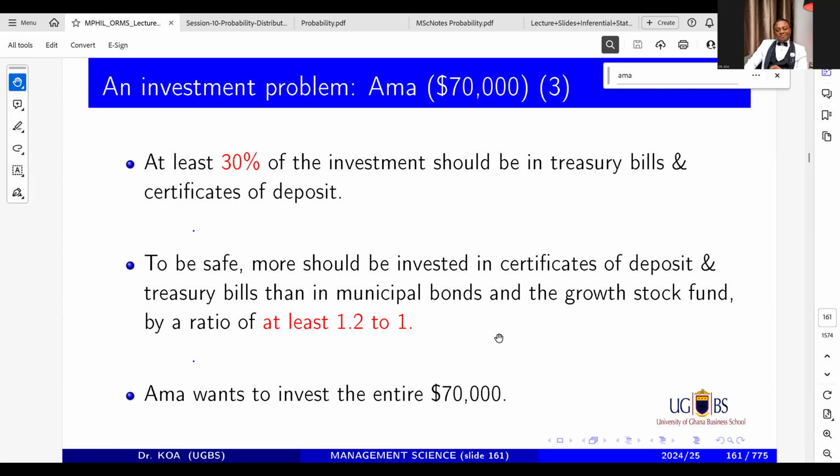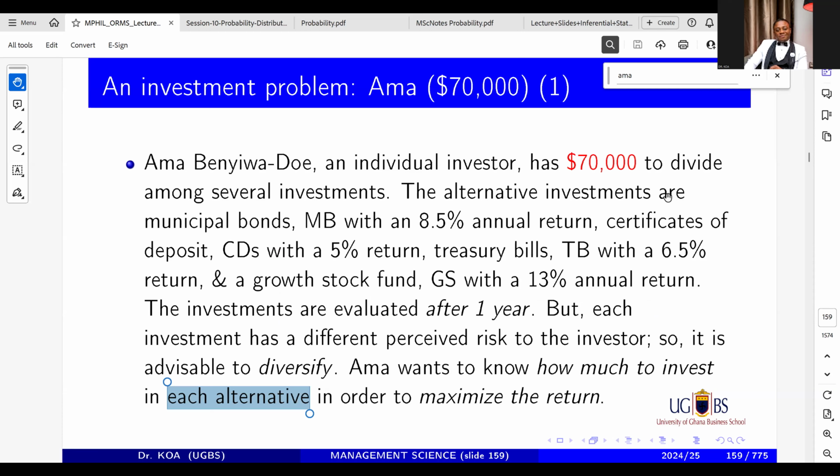Question. My first question I want to ask you is, what is the objective here? What is her main objective? Who can tell me? All right, Anthony.